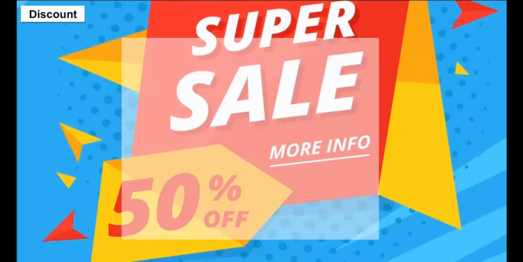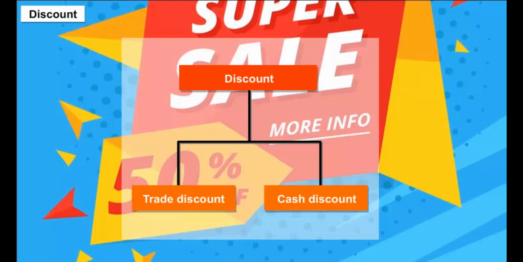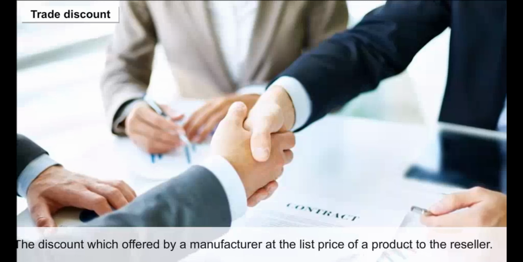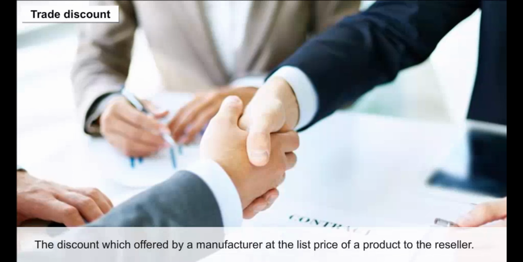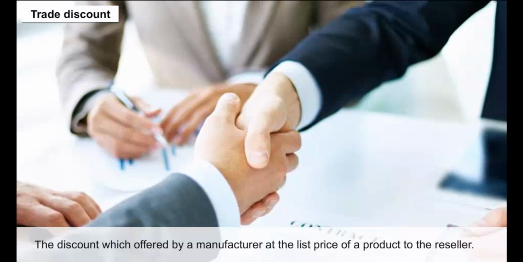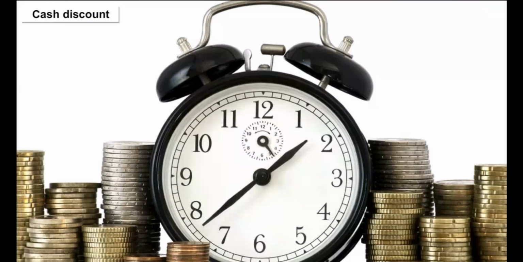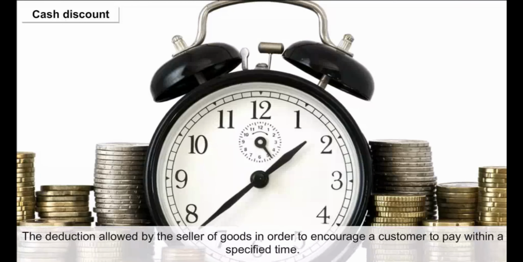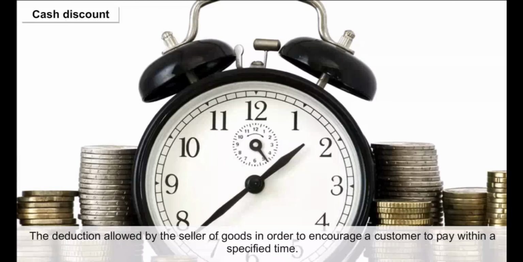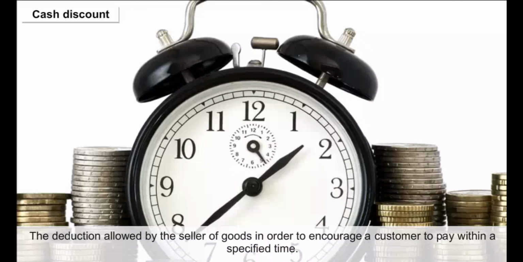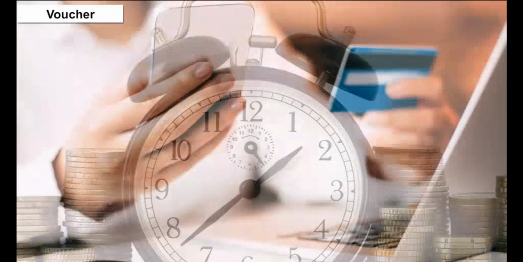Broadly, discount is divided into two types. Trade discount. The discount which is offered by a manufacturer at the list price of a product to the reseller. Cash discount. The deduction allowed by the seller of goods in order to encourage a customer to pay within a specified time. Voucher.